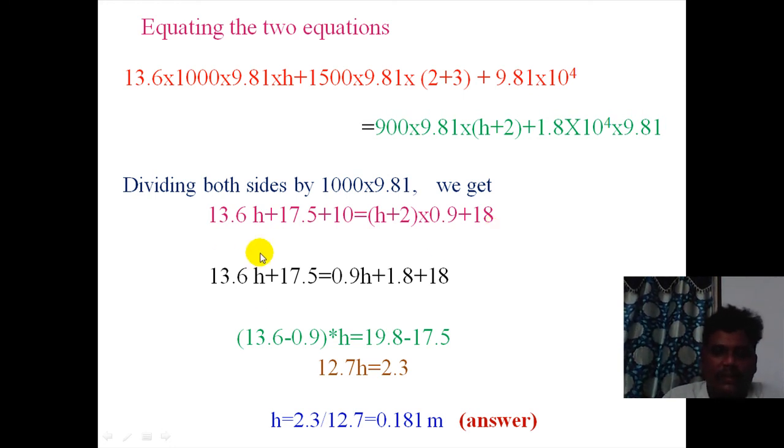Next, after calculation we get this h value, and I am taking the constants to that side. That remains 0.9 into h, 0.9 into 2, 1.8 plus 18.